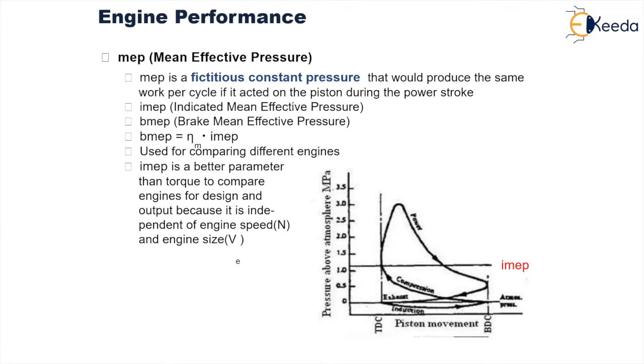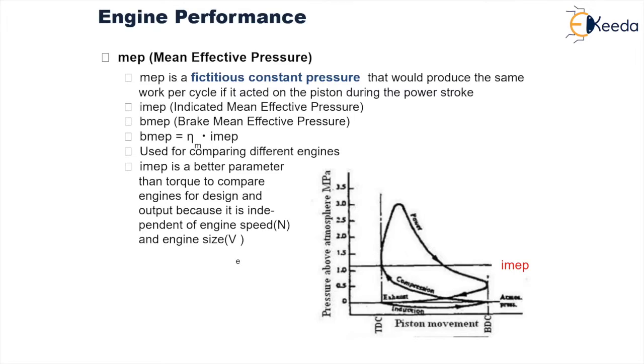The first thing that we see is the mean effective pressure. This varies throughout the cycle. The pressure in the cylinder is going to vary throughout the cycle of operation of the engine, and to express this, it is considered with respect to the volume or the crank angle rotation.